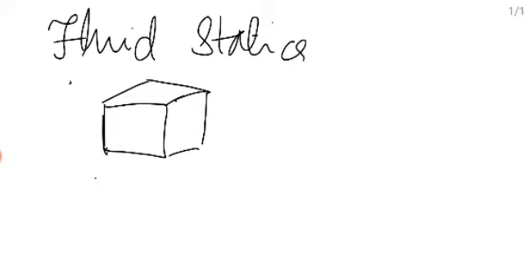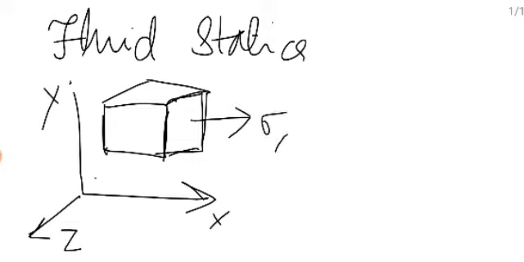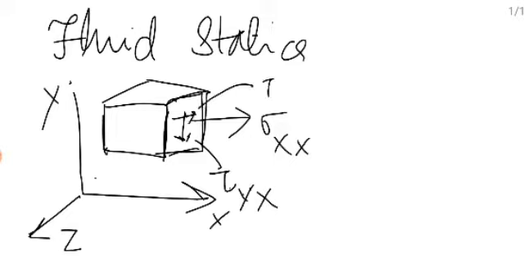Now we are considering some coordinate system like this x, y, z, and if I am considering this plane, we have normal to that sigma x, and along y direction we have tau yx, and in this direction, that is tau zx.